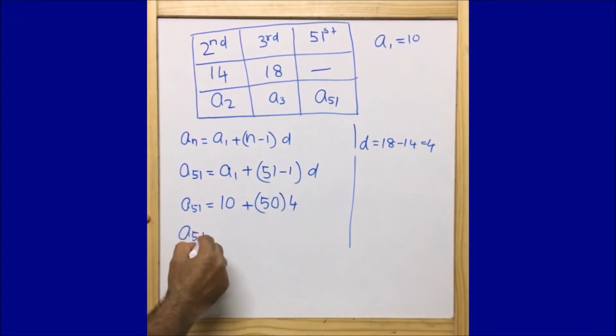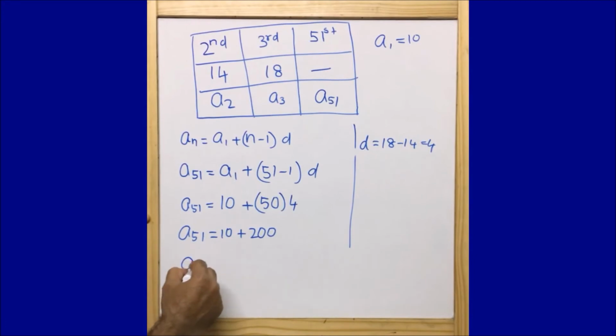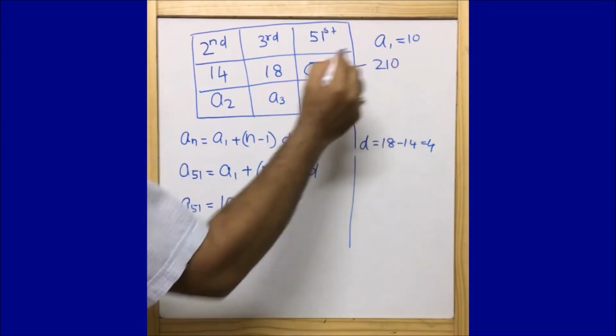So a51 is equal to 10 plus 200, since 50 into 4 is 200. So a51 is equal to 210.